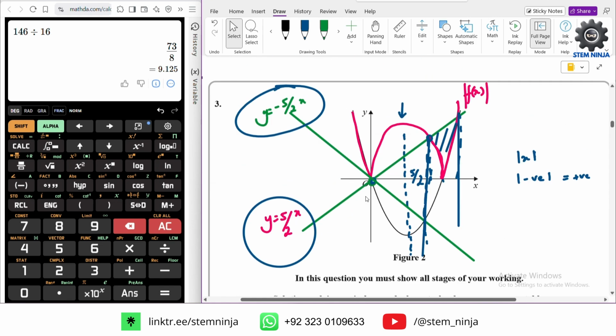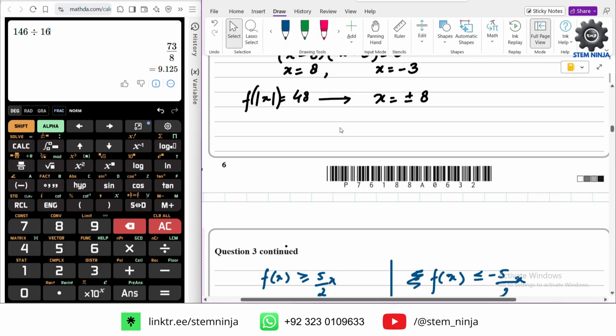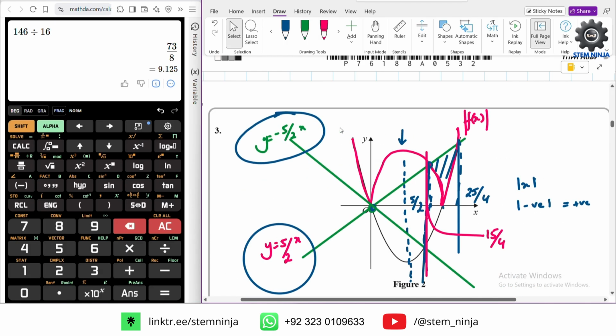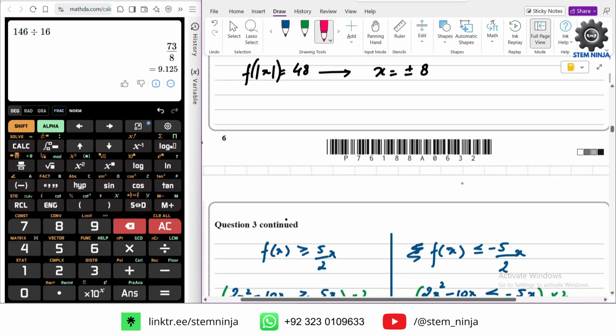So reconciling this, this is the 25 over 4, and this is, let's use a different color to illustrate, 15 over 4. Okay, so what we got over here from the 25 over 4, you see the f of x is actually going greater than that, beyond 25 over 4, and less than this value, 15 over 4, you have f of x greater than 5 over 2x.